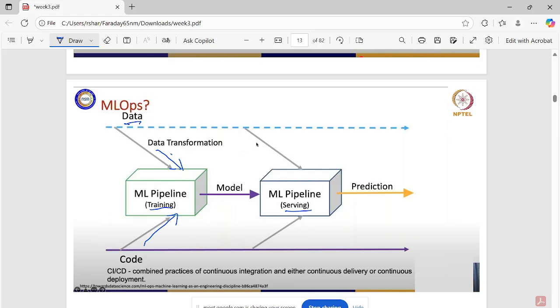Then once this is completed, the data goes to the serving pipeline, and if this is completed, so we have CI/CD, the combined practice of continuous integration and either continuous delivery or continuous deployment.